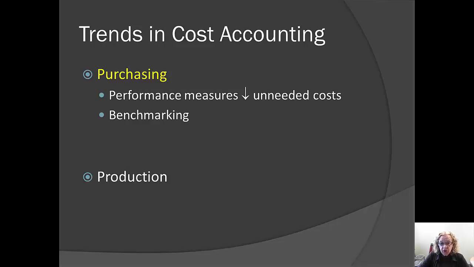We can make standards for the quantity of materials or labor that we expect to use. We can also make standards for the price of the materials or labor that we expect to use. In that way, we can find the best combination of quantity and price to meet our production goals.